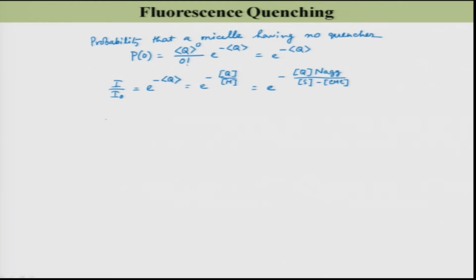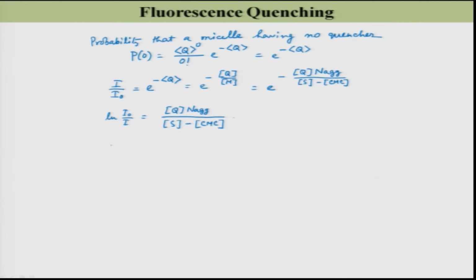So, if I take ln, ln I 0 by I is equal to q n aggregation divided by s minus CMC, right.